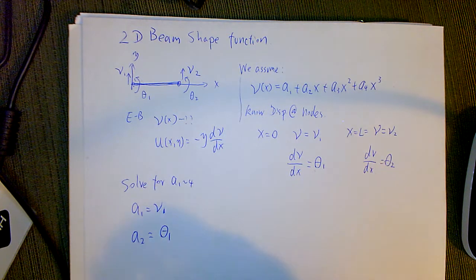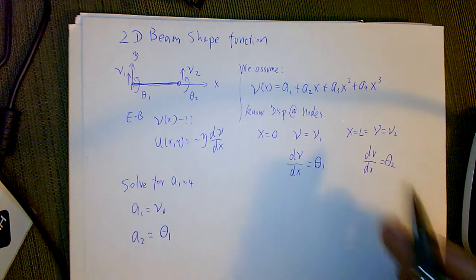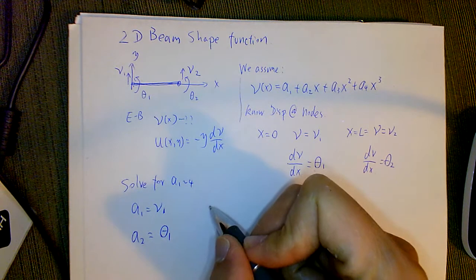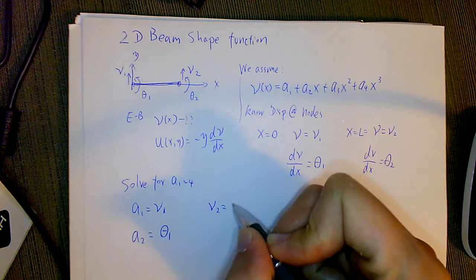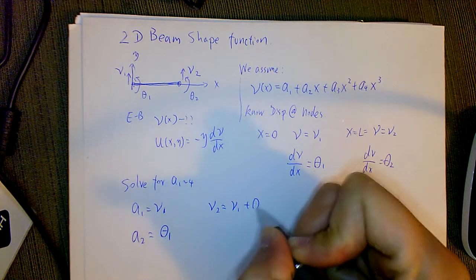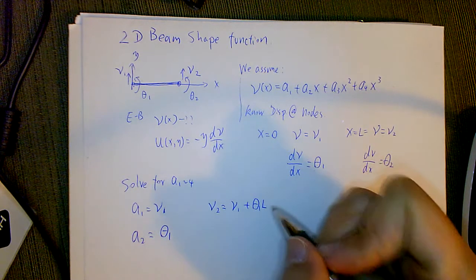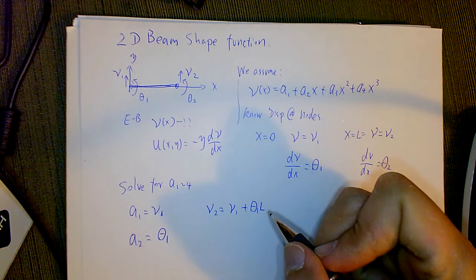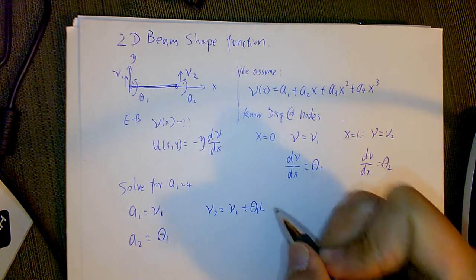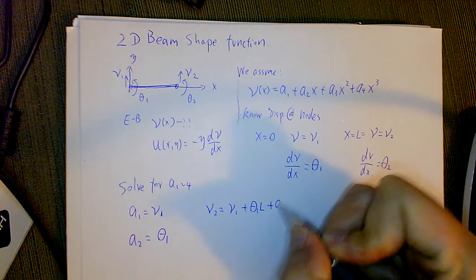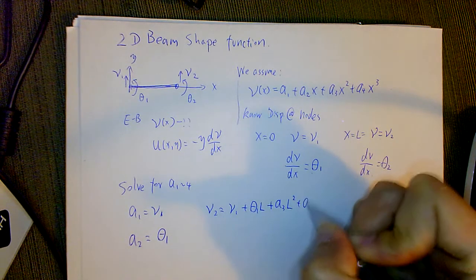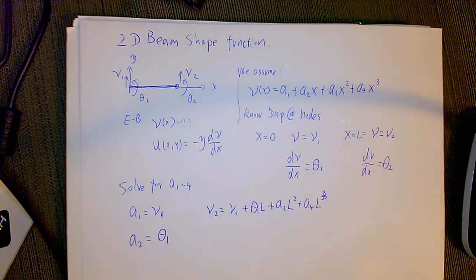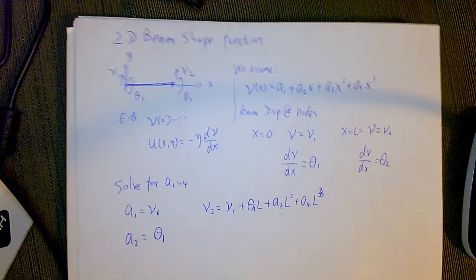Then you can use that information to simplify a little bit. Plug everything in, and you have another equation where V2 equals V1 plus theta 1 L plus a3 L squared plus a4 L cubed. Sorry, that's L cubed. So that's another equation.